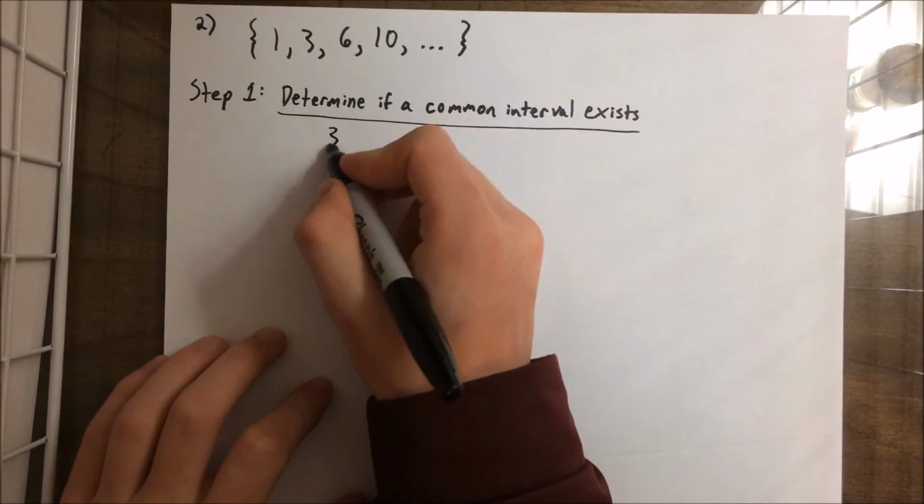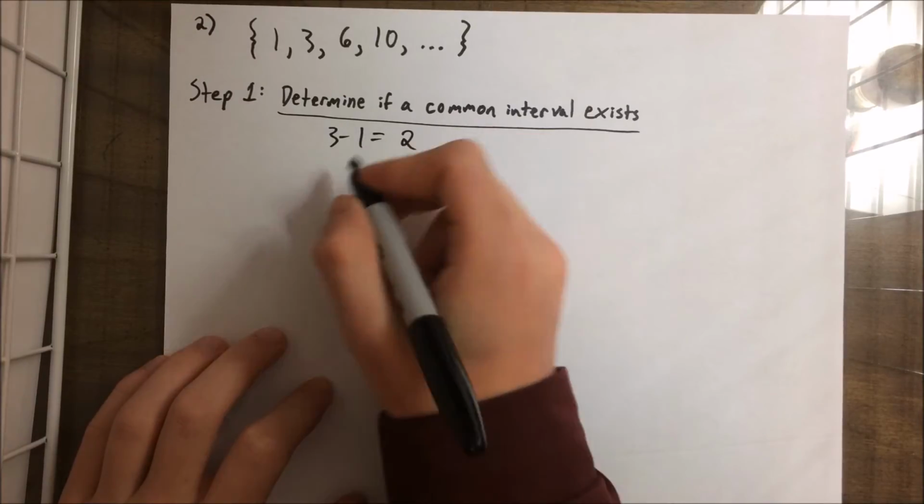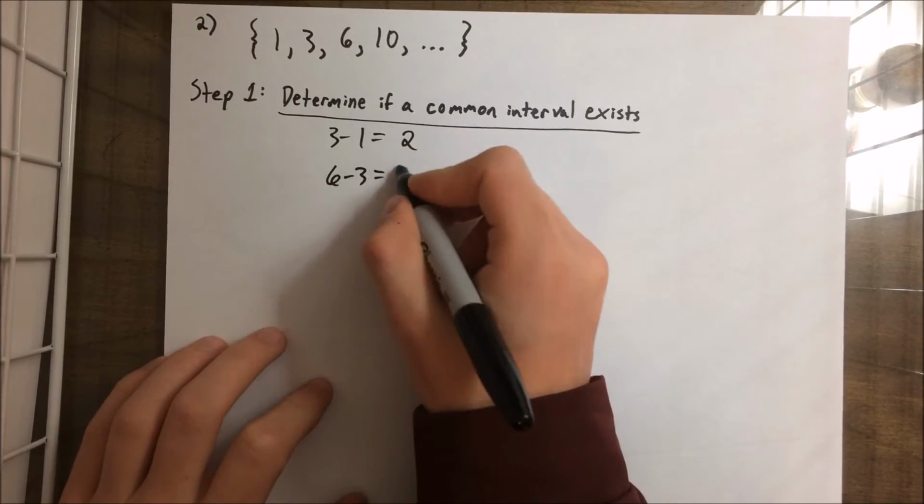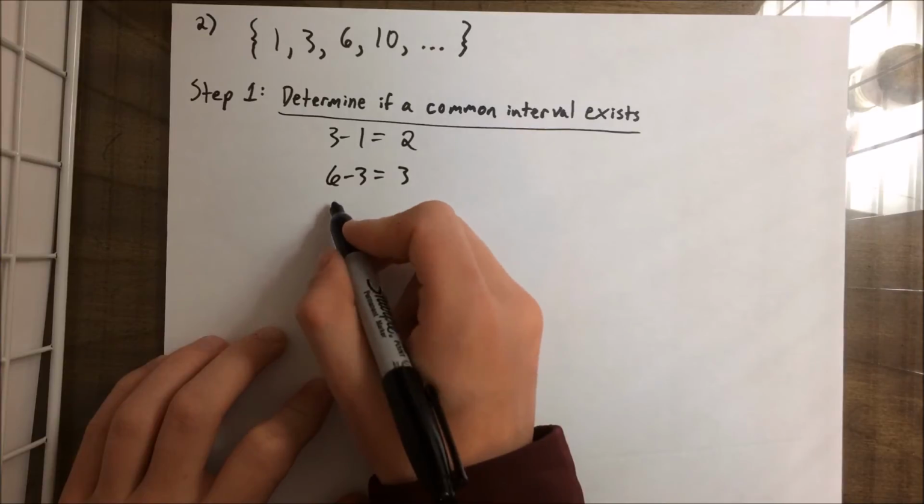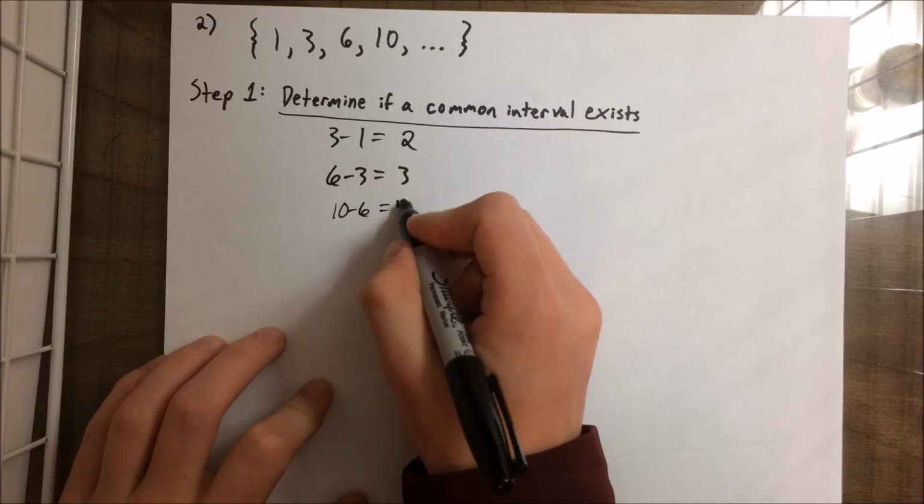So let's take 3 minus 1 is 2. 6 minus 3 is 3. That's not good. 10 minus 6 is 4.